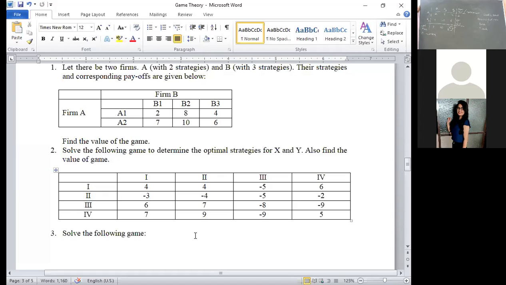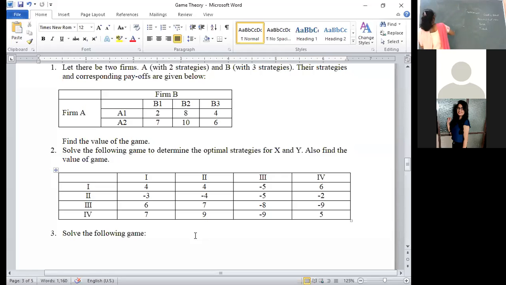What is the value of the game? Saddle point exists or not?